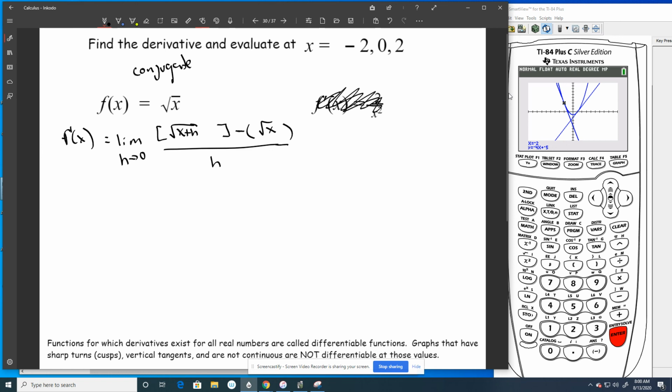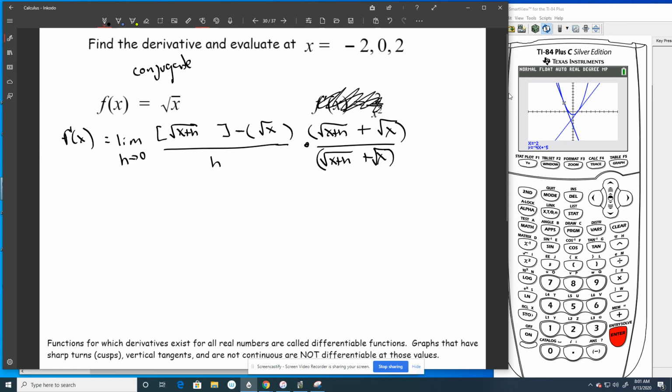I'm going to multiply by the conjugate to see if that simplifies a little bit. So I'm going to multiply by the root of x plus h, minus, or not minus, plus the root of x. I'm already minusing root x. Now I want to plus root x. And if I do that on the top, on the bottom, I have to multiply by root of x plus h plus root of x.